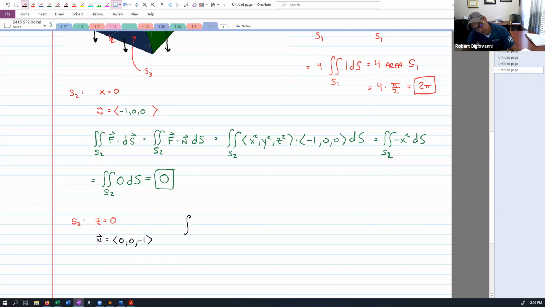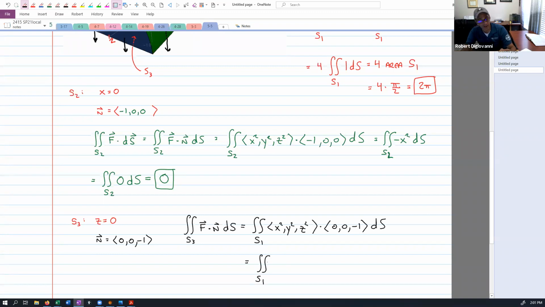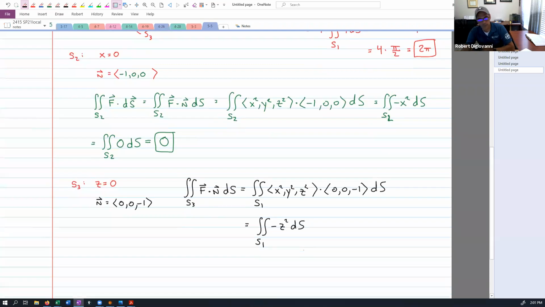So if I try to do the flux over S3 of F dot n dS, this is the field x squared, y squared, z squared, dotted with 0, 0, negative 1, which is just going to give us negative z squared when you dot these.